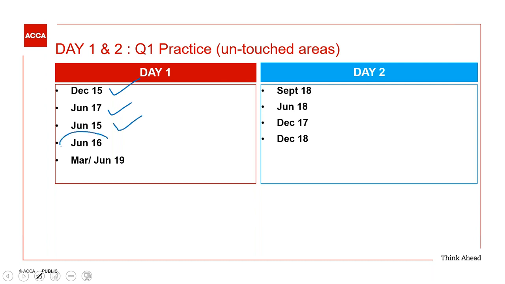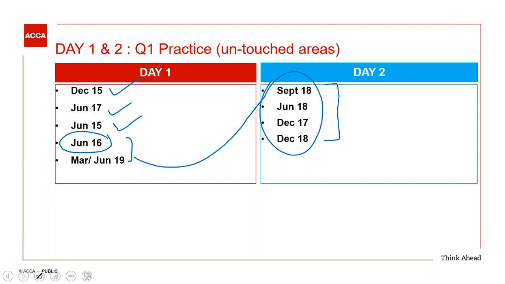We were in the middle of the June 16 question when the session ended, so I'll be resuming from the June 16 question, and we'll take the journey ahead. Today's session will include the June 16, the June 19, the September 18, the June 18, the December 17, and the December 18. All these questions will be drilled today in terms of the untouched area.